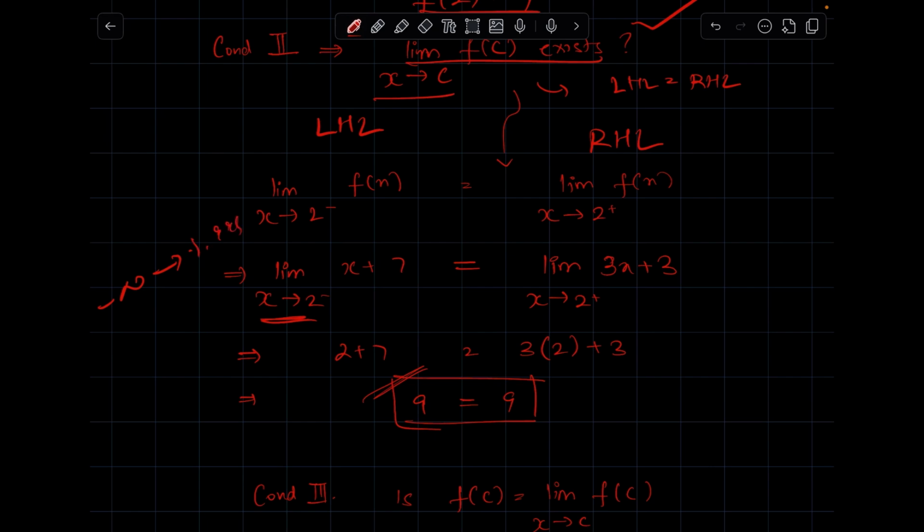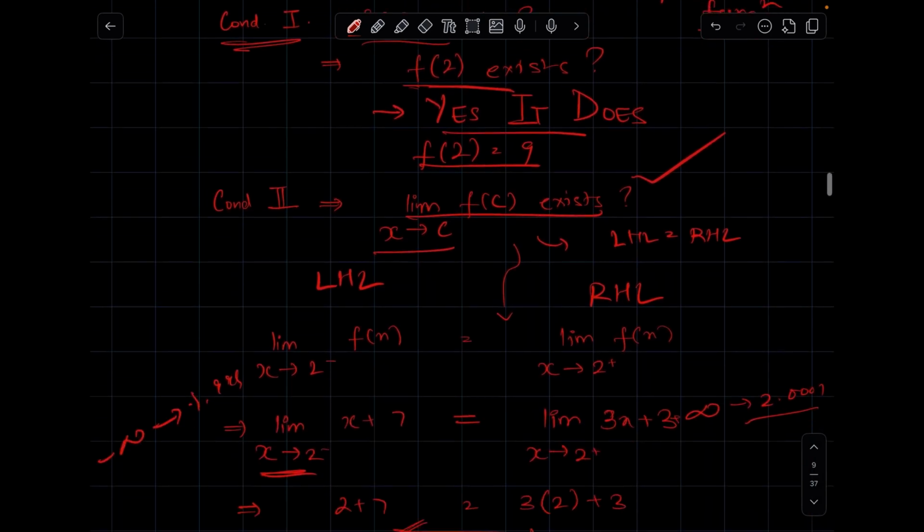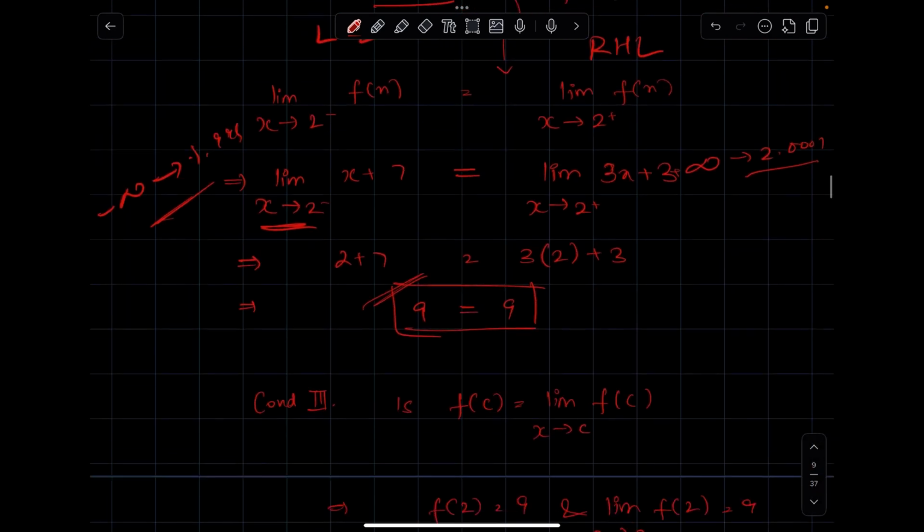And from the right-hand side limit, we're approaching from positive infinity to like 2.0001. For the left-hand side we are given this equation, and for the right-hand side we are given this equation. So we input the values and we get 9 on both sides.